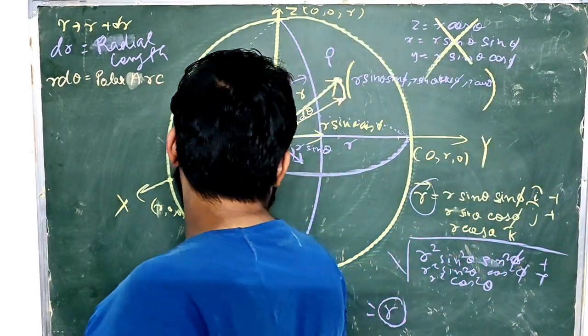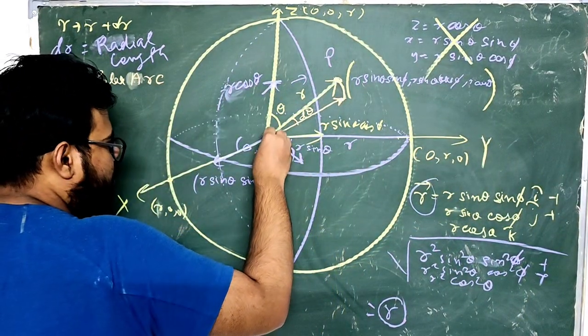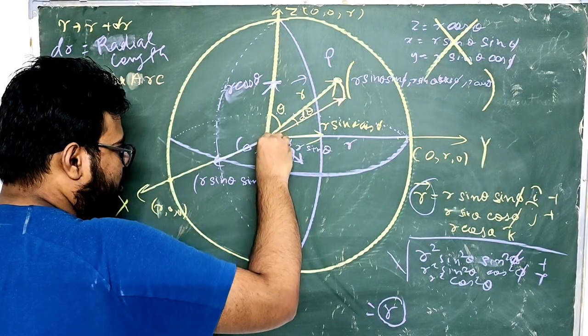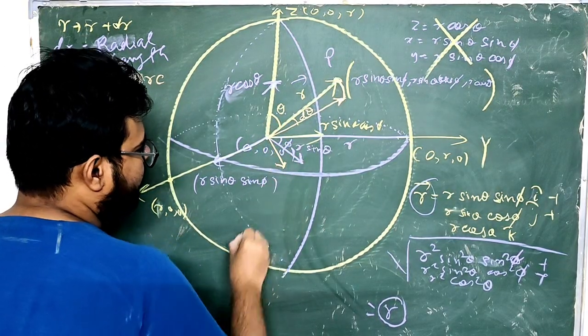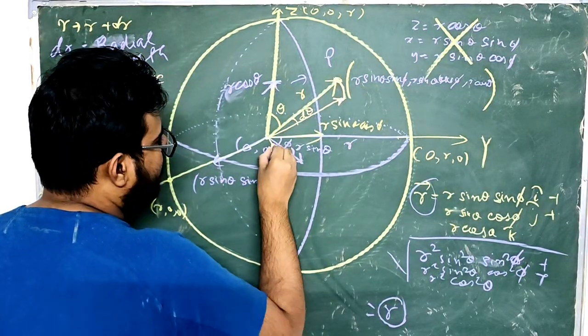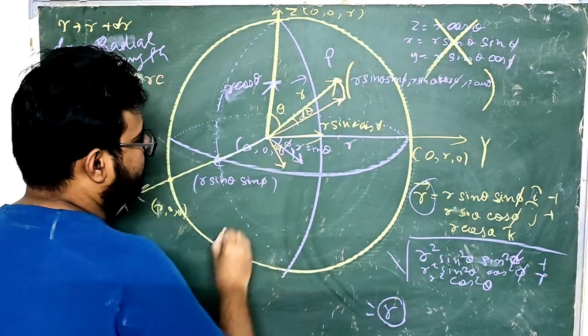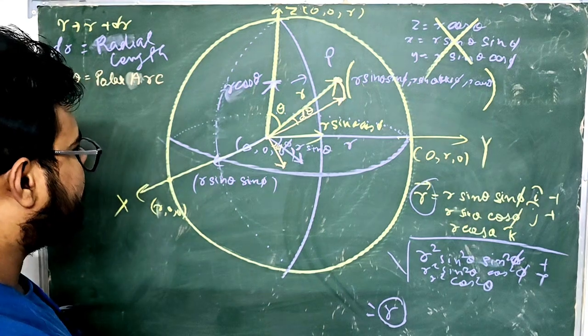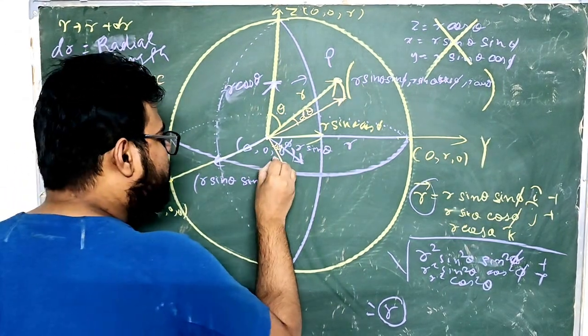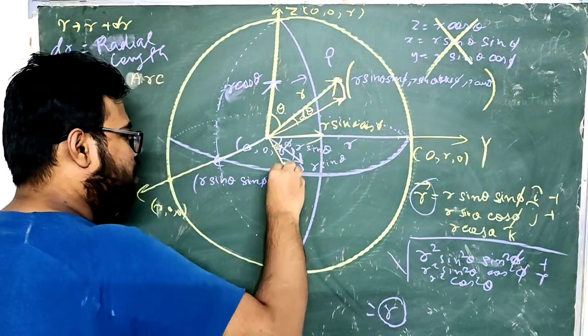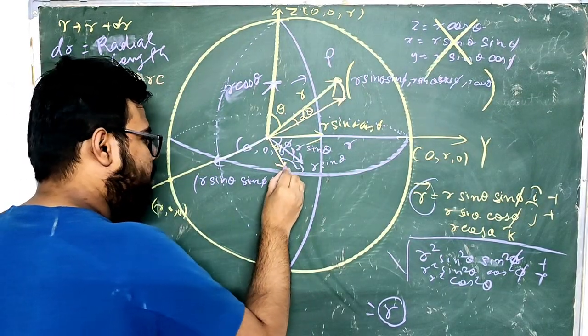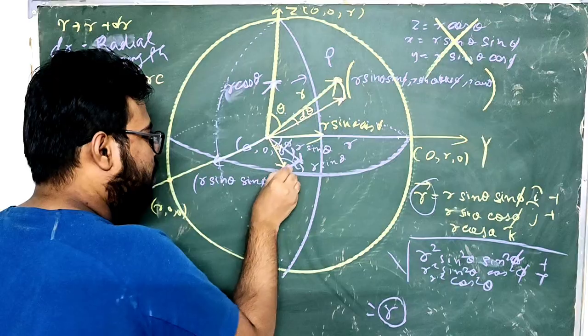Okay. Now, similarly, if I change this point, this will be d phi. Correct? This will be d phi. This length is r sine theta. And now, if I see this, what will be the length of this arc?